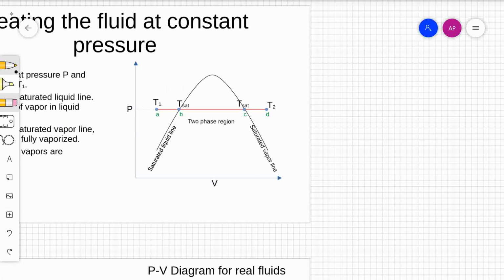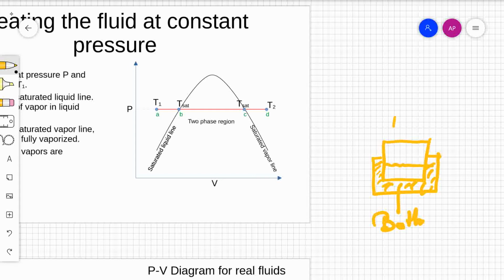What we can do is we can take a vessel and put it in a bath, where the bath can be used to heat up the vessel, and we put liquid in this, and we constantly monitor its temperature.